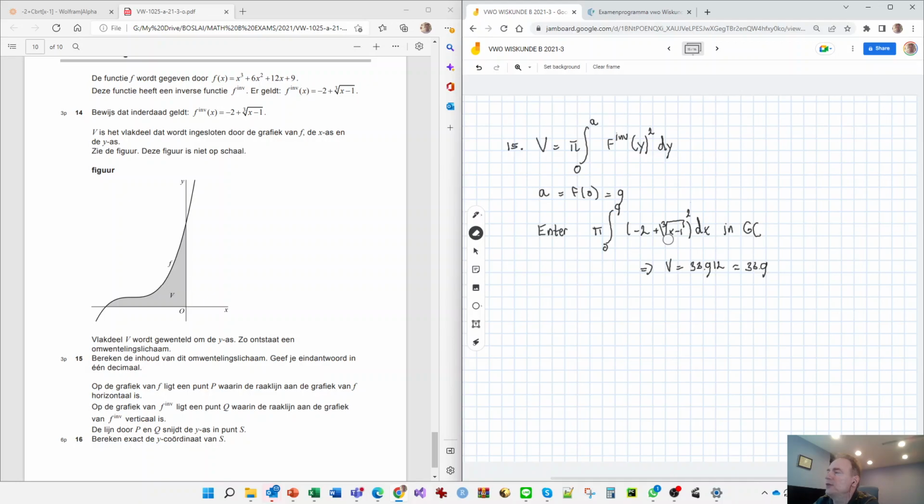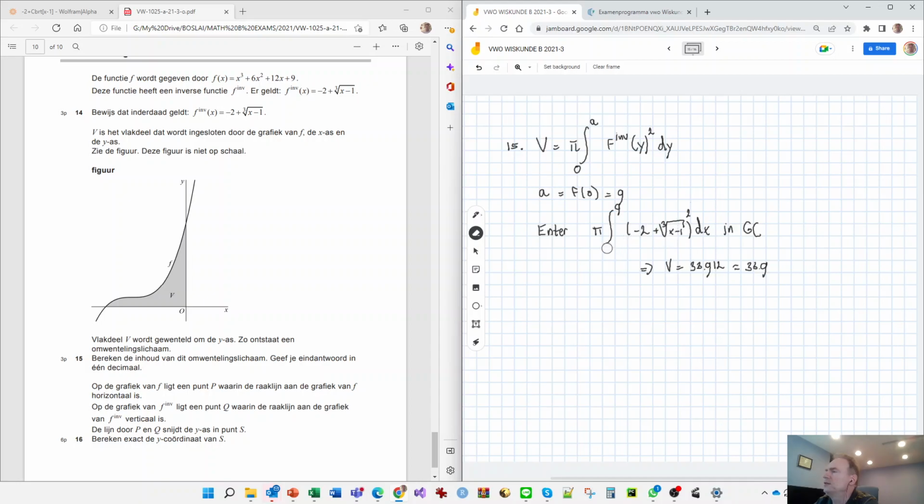Actually, you can have a primitive of this if you want to do it analytically. It is definitely possible. You also have to deal with some complex roots and stuff, because you get x minus 1 to the power 2 over 3. So the primitive will be 5 over 3.